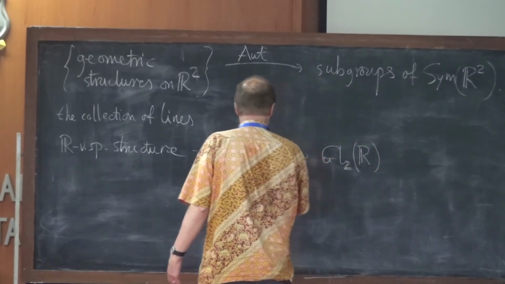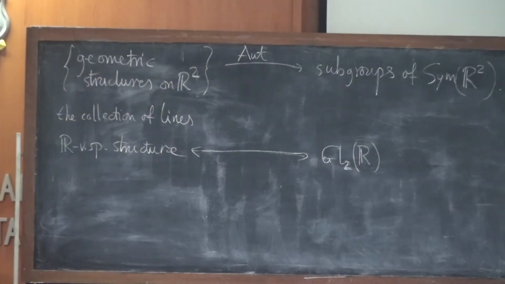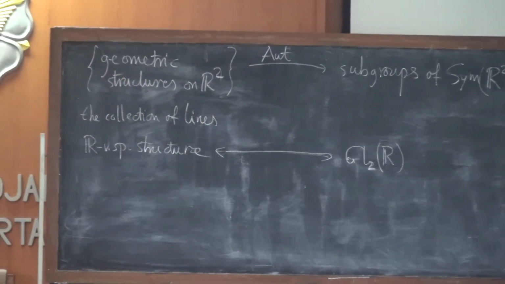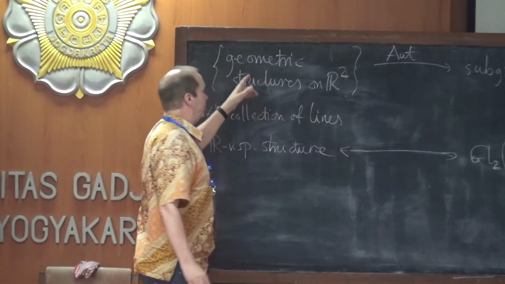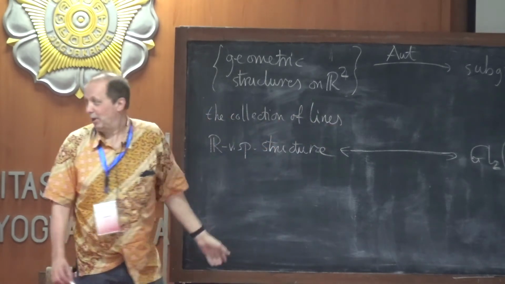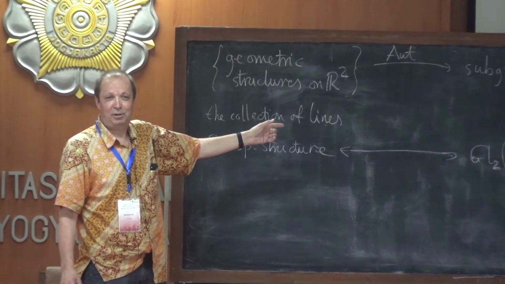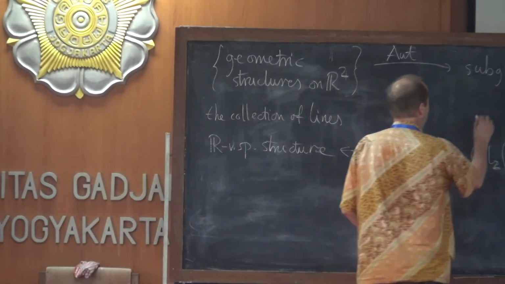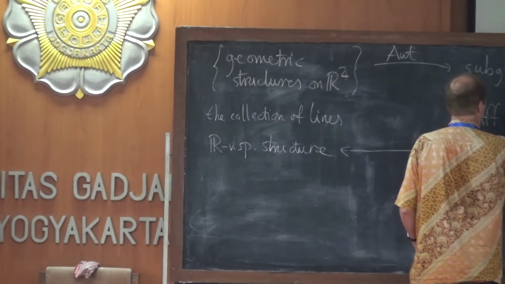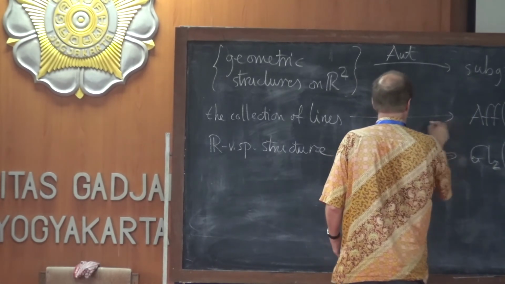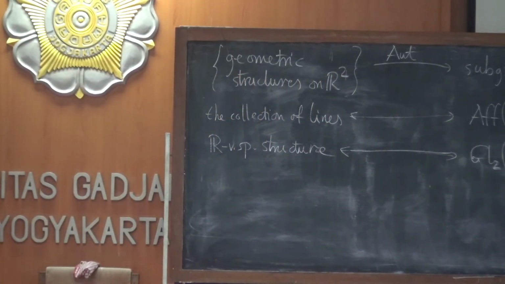This corresponds to that structure. And we have proved that if you take permutations of R2 that preserve the collection of lines, then what did we get? The affine group of R2, right? That is the theorem that you will do the last step of.